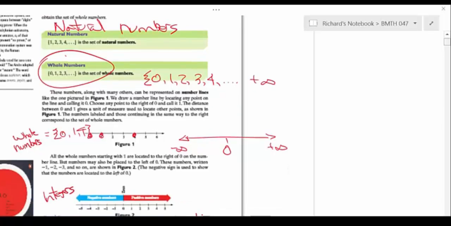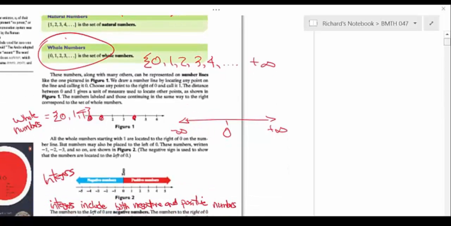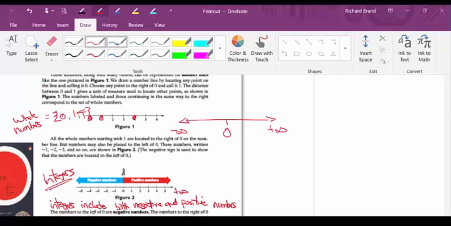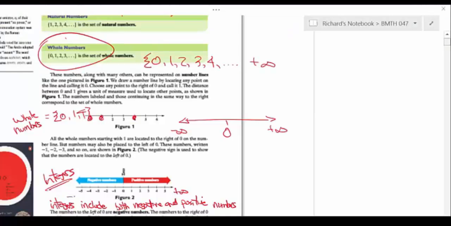Now, integers include both positive and negative numbers. If you're going to draw a number line for integers, you draw a line, locate 0, and then the integers go up to positive infinity and down to negative infinity.